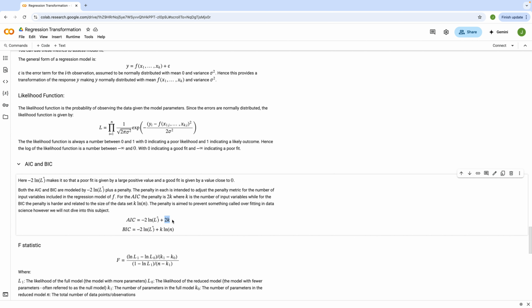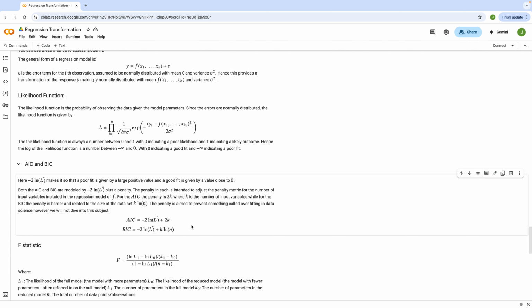And what this does is it inflates the error. So the AIC is inflated by 2k. Here, k is the number of input variables. BIC has a harsher penalty. This is inflated by k times the natural logarithm of n, n being the size of your data. So the more data you have and the more inputs you have, the harsher the penalty for BIC.